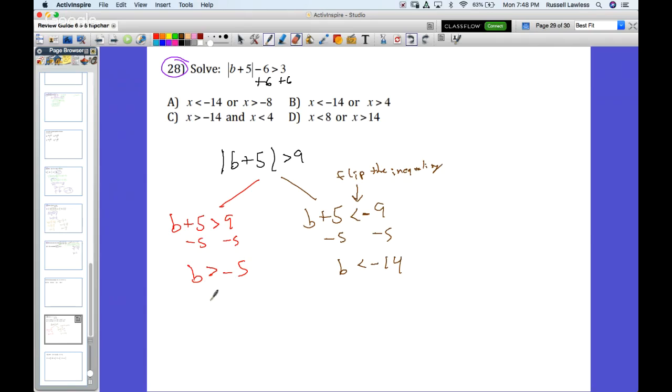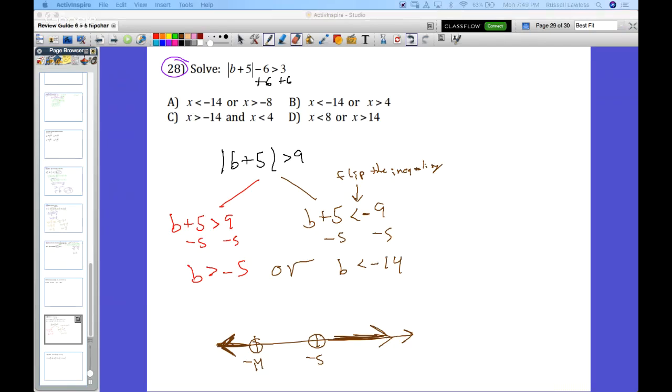If I drew this on a number line, with negative 5 here, I know that b is greater than negative 5, and with negative 14, I know b is less than negative 14. So this then would be an or statement. And so our answer then would be B.